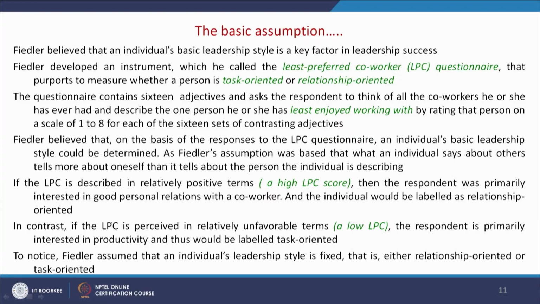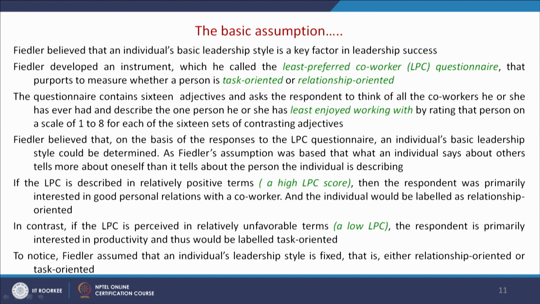To address this, Fiedler developed an instrument, a questionnaire termed the least preferred co-worker questionnaire, which purports to measure whether a person is task oriented or relationship oriented. Based on this questionnaire, Fiedler identified two types of leadership styles: task oriented and relationship oriented.